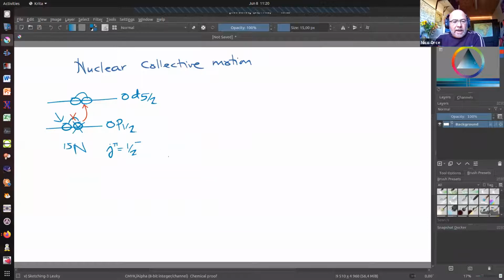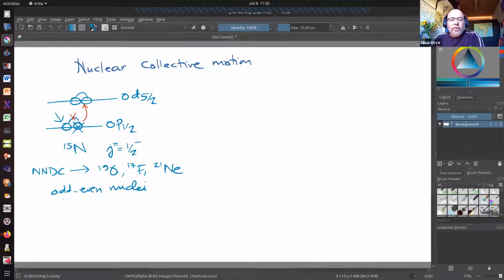So this is a must do for the test, the online test. You go to the NNDC and see oxygen 19. We went through fluorine 17, neon 21. Always, as I say, odd-even nuclei, where you have an odd number of protons or neutrons, right? And the other one is even.